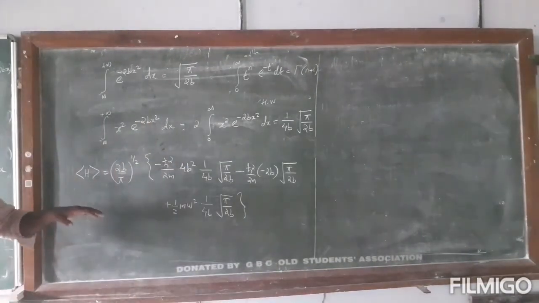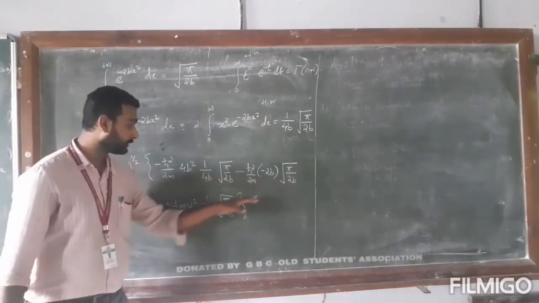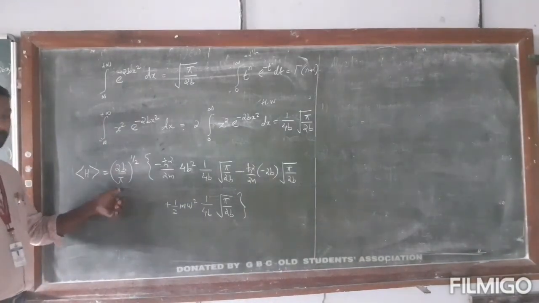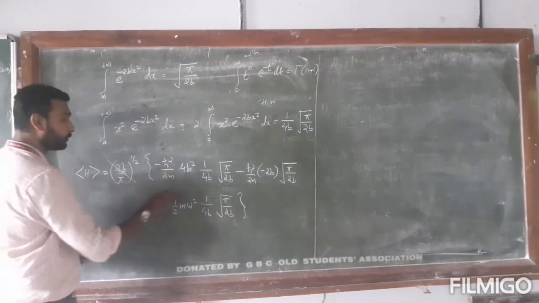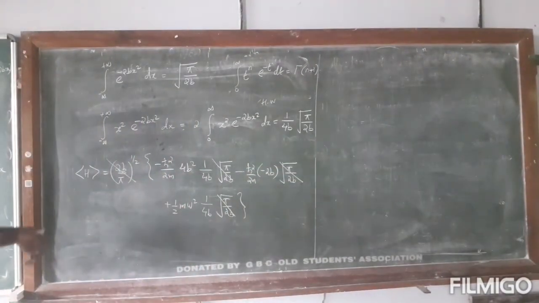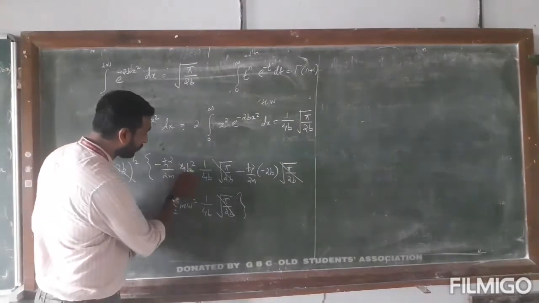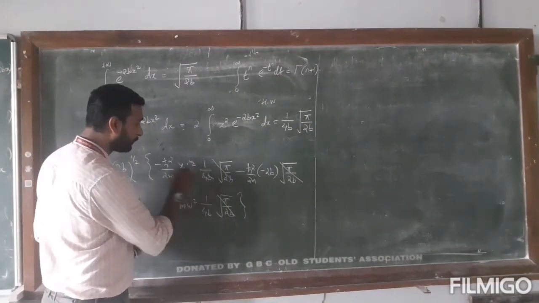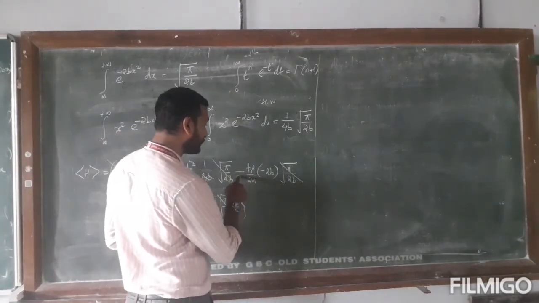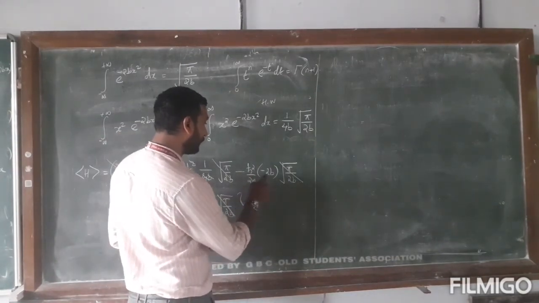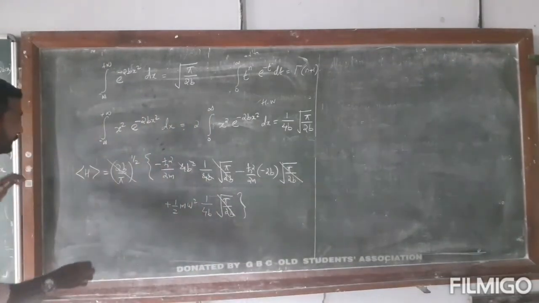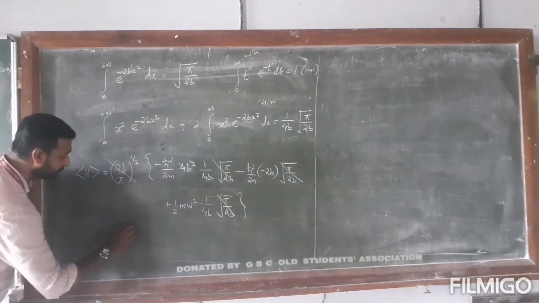If you look at this expression, this root π by 2b is commonly present in all three terms, and outside there is (2b/π)^(1/2), and that would cancel. Certain other terms, for example this 4, would cancel, and minus into minus will become plus, and 2b would remain there.